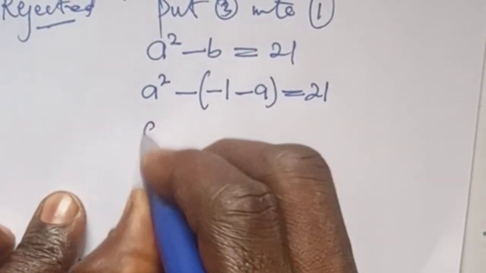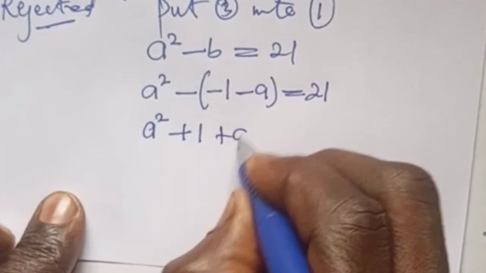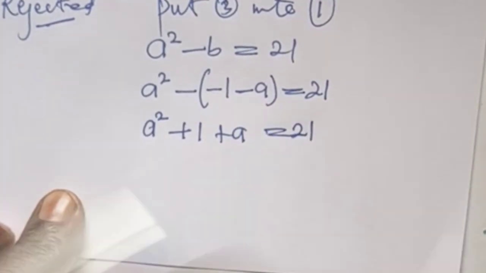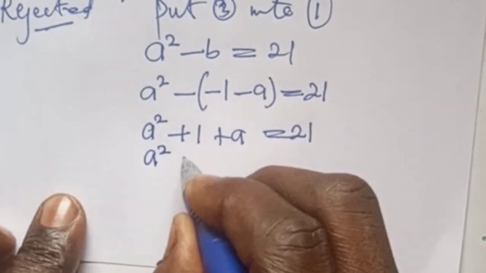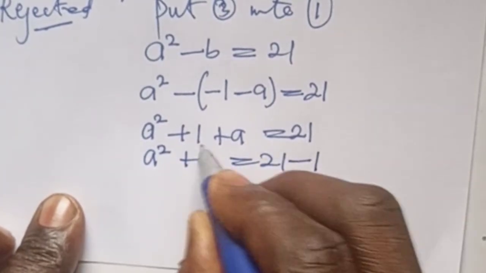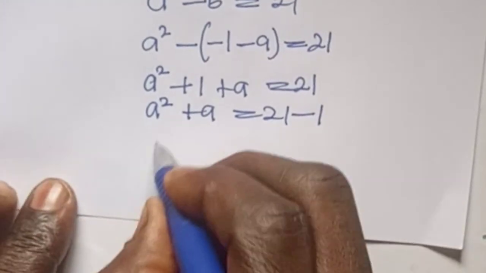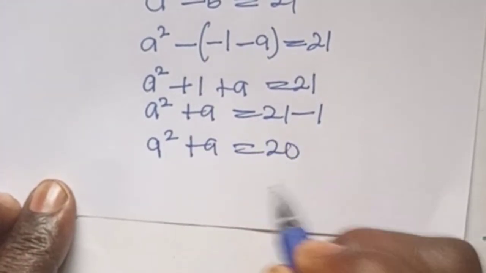And if you do this very well, we have a to the power of 2 plus 1 plus a equals 21. So this also can be written as a to the power of 2 plus a equals 21 minus 1. So that we have a to the power of 2 plus a equals 20.